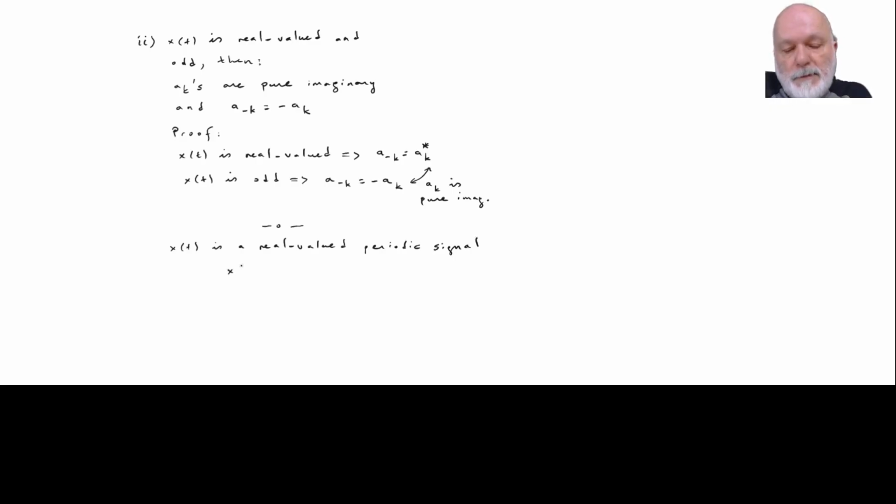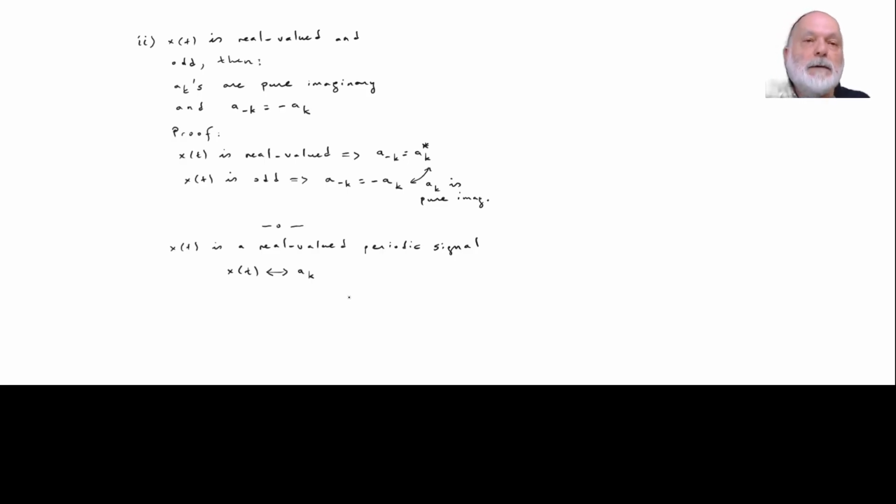So x of t has the Fourier series coefficients ak. We know that a minus k is equal to ak conjugate, obviously. But now, let us continue as follows.